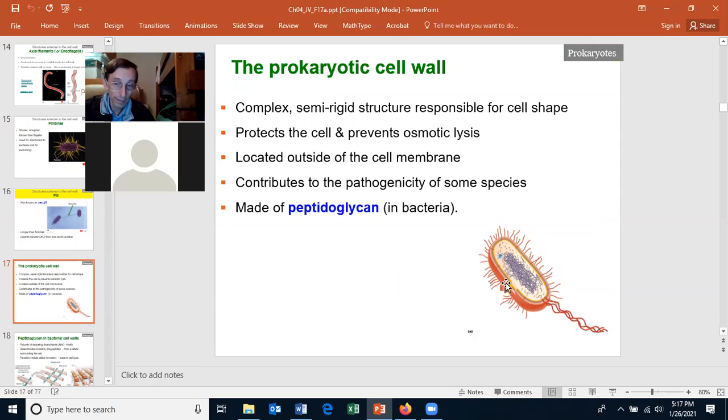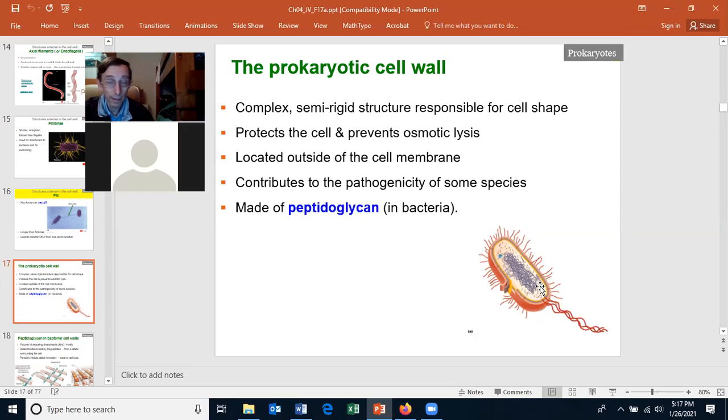The cell membrane will expand, but it can't expand any further once it reaches the cell wall, and then that'll stop water from moving into the cell, and that allows the cell to not lyse. So the cell wall can prevent osmotic lysis, and the cell wall is rigid and helps protect the cell, just sort of like being a structure around the cell.